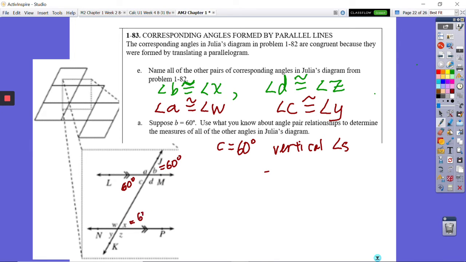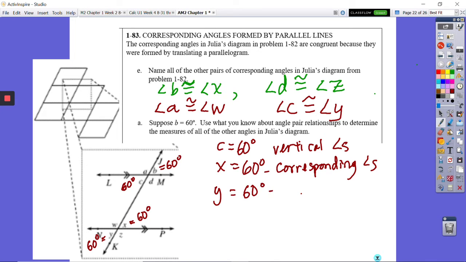We just said that a minute ago, so that's 60. Y is 60 because vertical angles again. So angle X equals 60. That one's corresponding angles. And then angle Y is 60, and that's vertical angles, or you could have done corresponding angles with C. So you could have used either reason.